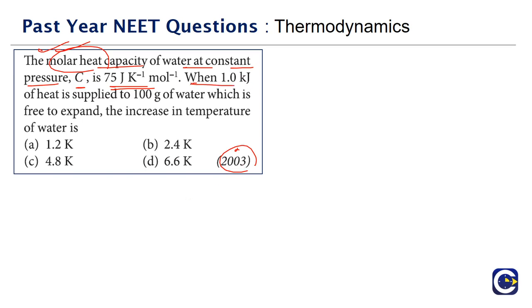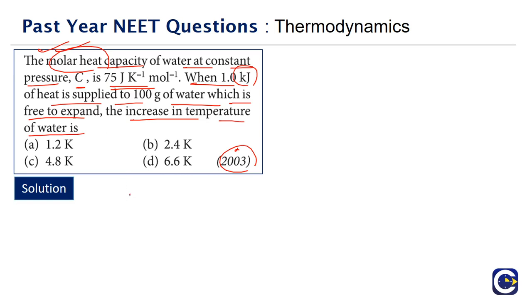When 1 kilojoule, so we have to be careful. In the specific heat capacity, the unit is joule, and here we have 1 kilojoule. So we must convert this also into joules. When 1 kilojoule of heat is supplied to 100 gram of water, which is free to expand, the increase in temperature of water is? So we need to find the increase in temperature of the water.